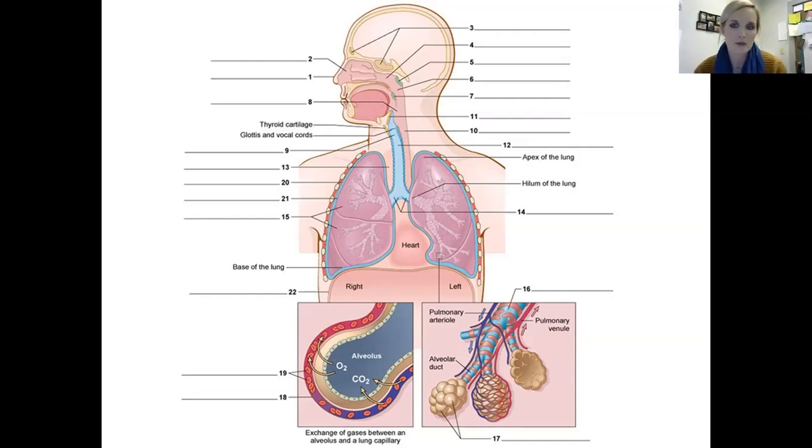The next section, number 6, so that was number 4, the nasopharynx. Number 6 is ORO in front of the word pharynx. Oropharynx. I always think about that as directly behind the oral cavity. That's my way of remembering the oropharynx. All right, and like I said, 5 and 7 we'll come right back to.